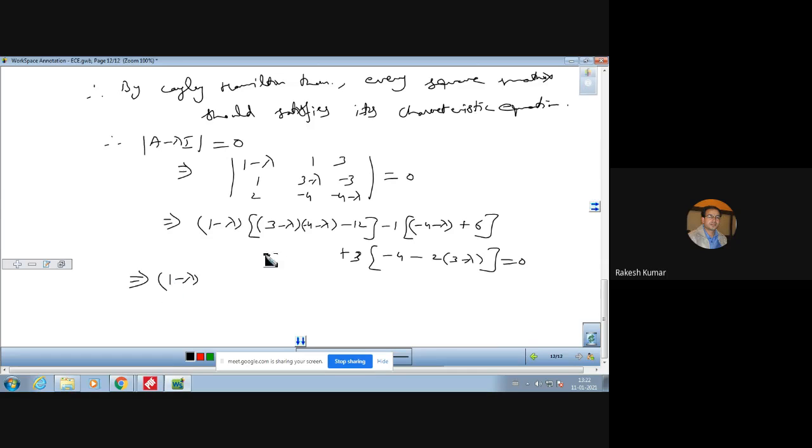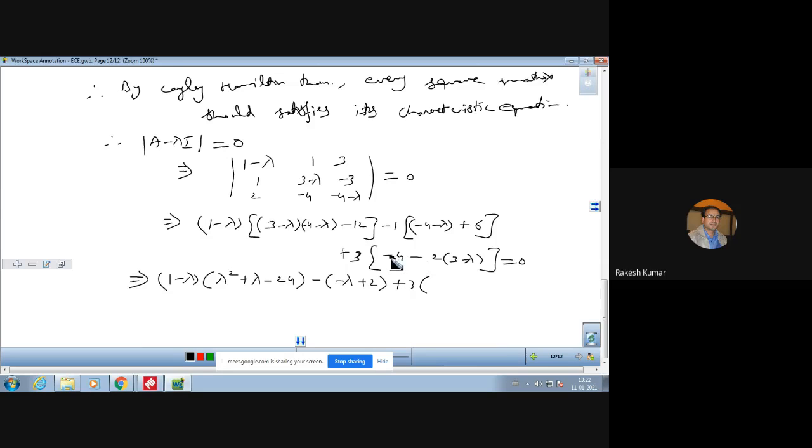1 minus lambda, simplify this. This comes out to be lambda square, minus 3 lambda plus 4 lambda, that is lambda, minus 12 will be there, and minus 12 minus 24. And this is minus lambda plus 2 and plus 3.